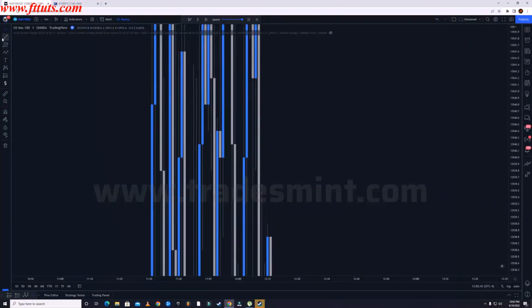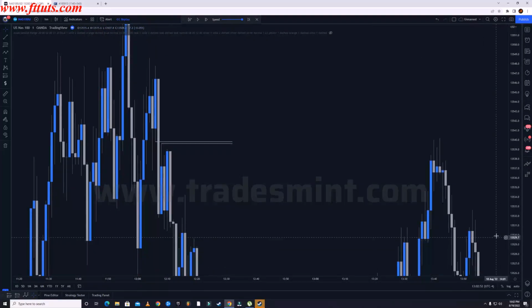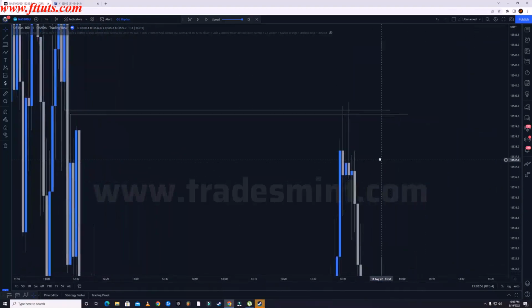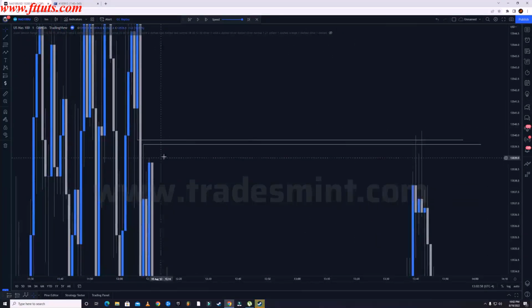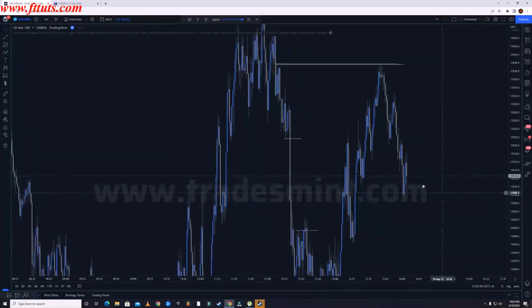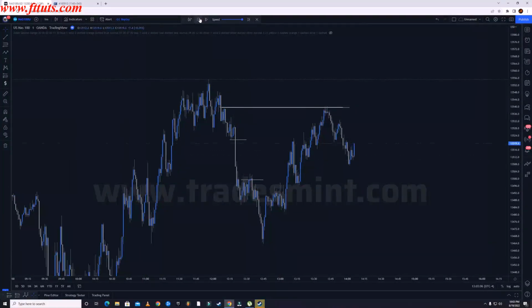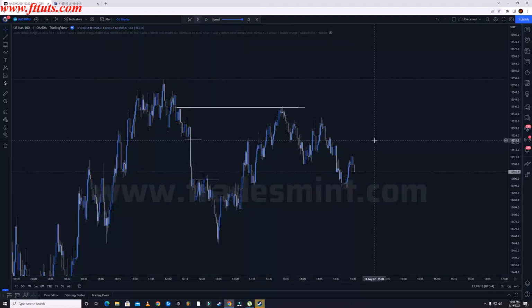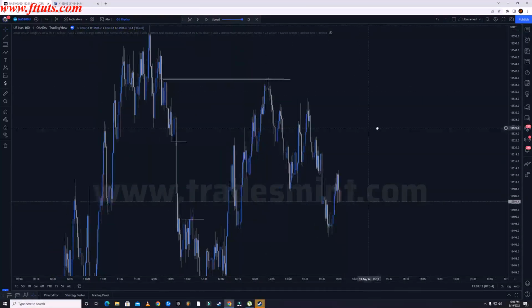And then you can see we got this gap, and price must fill this level. If we draw this out, you can see how perfectly price filled the imbalance here, made the price fair, and then it went all the way down. Let me play this out for you. Yep, so it went all the way down.